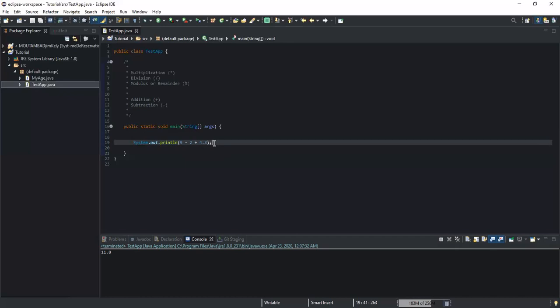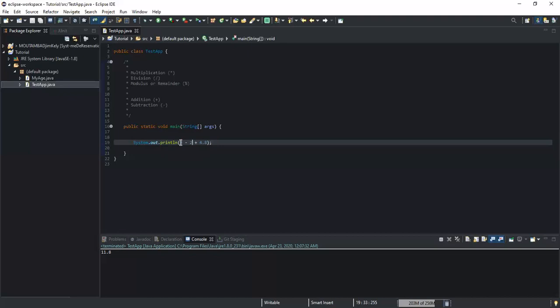In this expression here, we have multiple operators. We have the minus, we have the addition here. With 9 minus 2, nothing special is going to happen because the two values are integers. So we'll still get an integer.